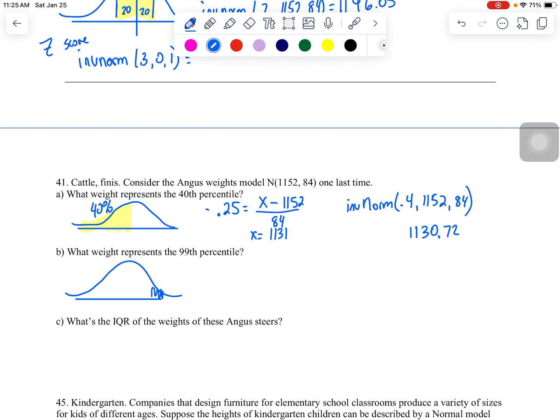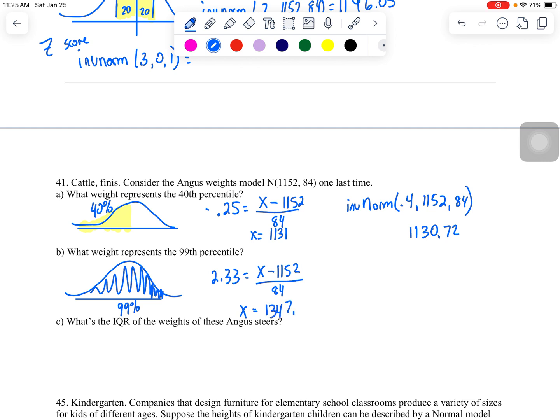We would have to find a z-score for that. I will cut to the chase. It's 2.33 if we're doing that. Observed is unknown, 1152 with a mean of standard deviation of 84. That algebra kicks in and we get 1347.72. Personally, I would be using the inverse norm feature on my calculator.